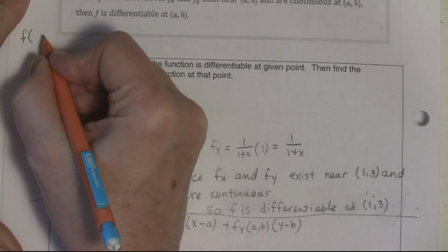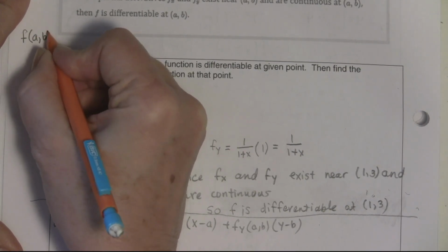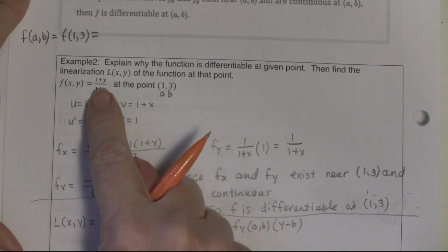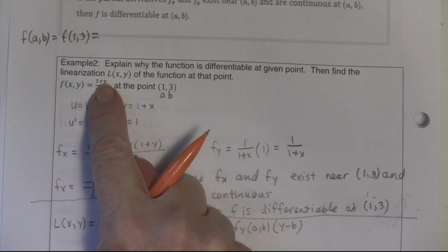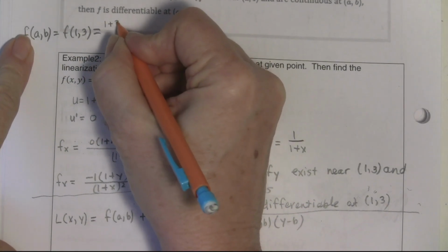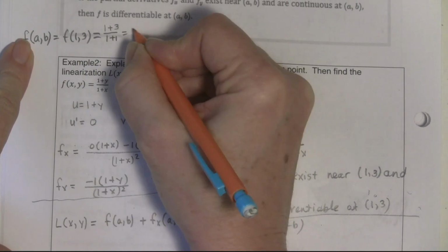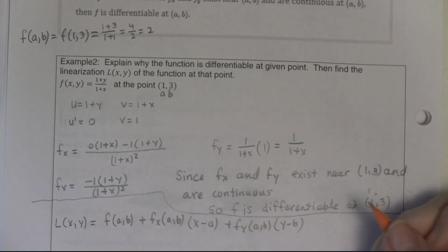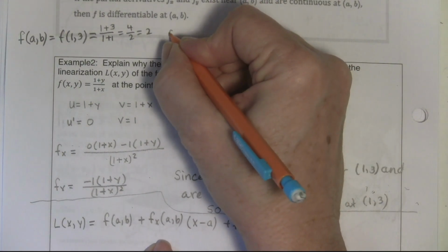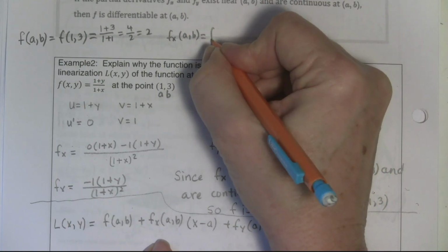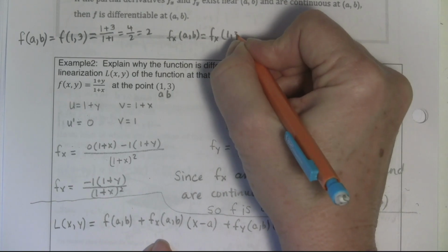Our f(a, b), which is f of (1, 3), is equal to, put in y is 3 and x is 1. So that's 1 plus 3 over 1 plus 1, which is 4 over 2, which is equal to 2. The other thing that we want to know is what is fx at (a, b), our partial at (1, 3).